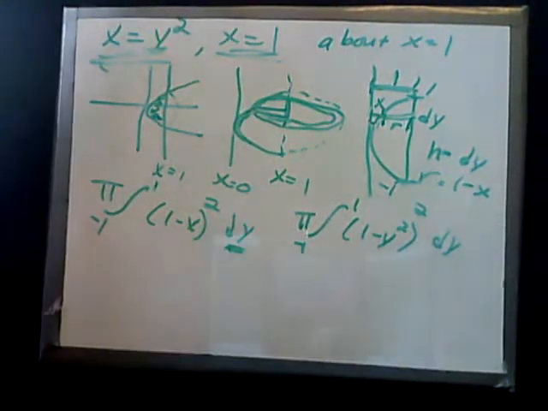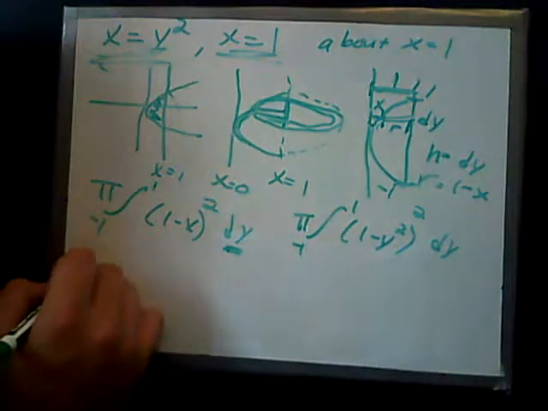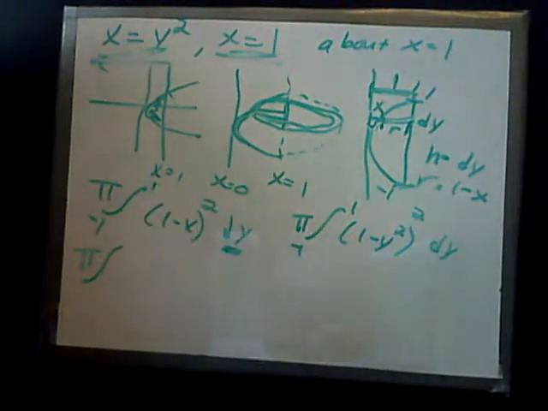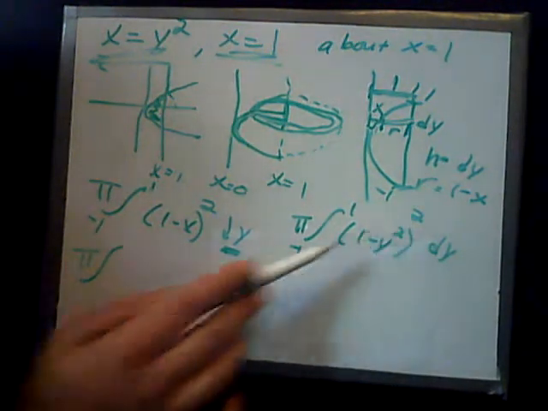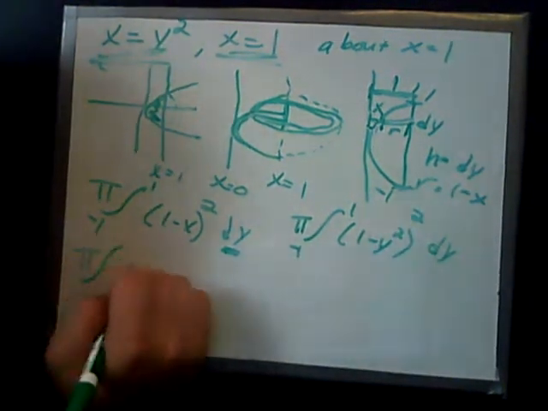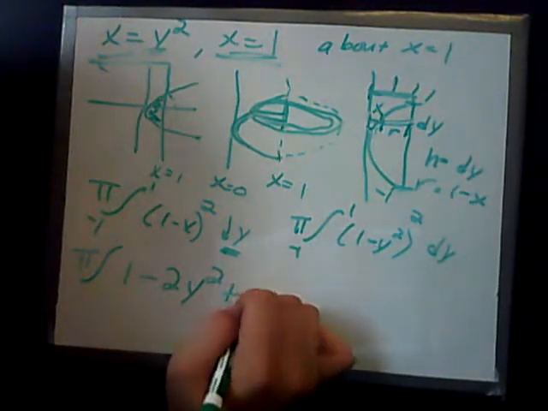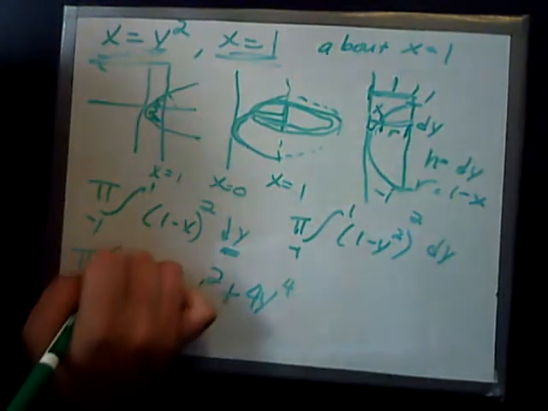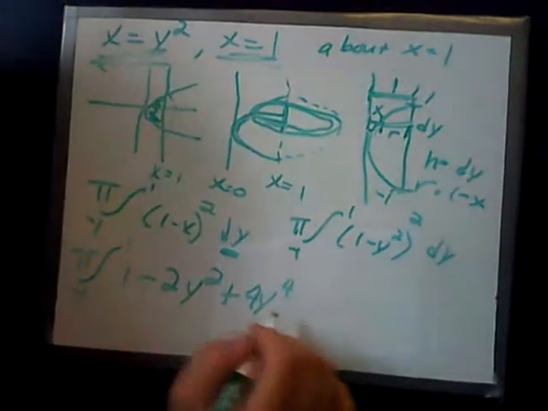So the first thing before we integrate this, we have to FOIL out our integrand. So we're going to write this quantity squared, the 1 minus y squared, as 1 minus 2y squared plus y to the fourth, still from -1 to 1, with dy.